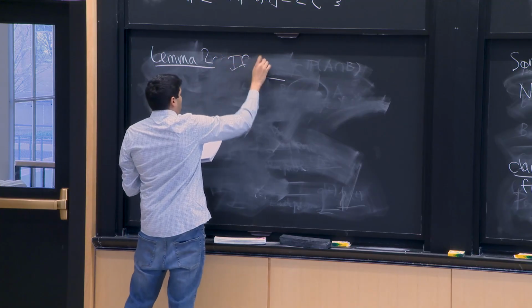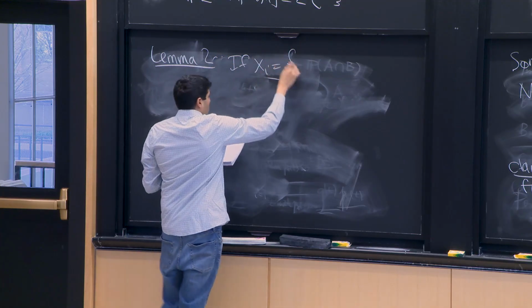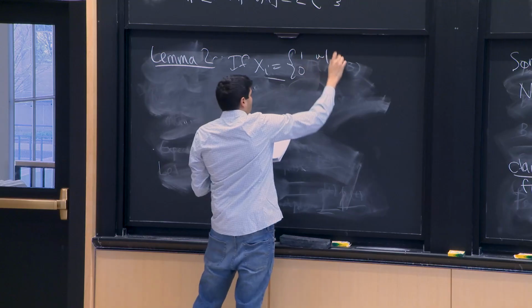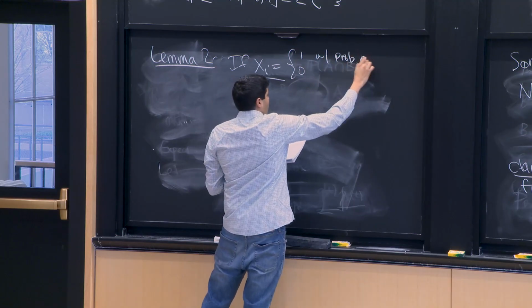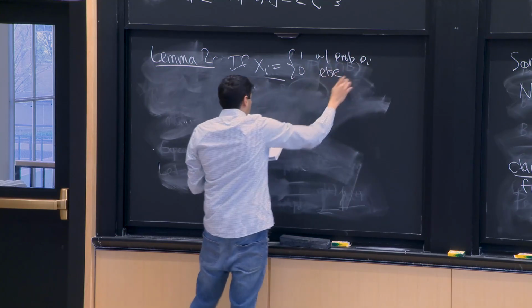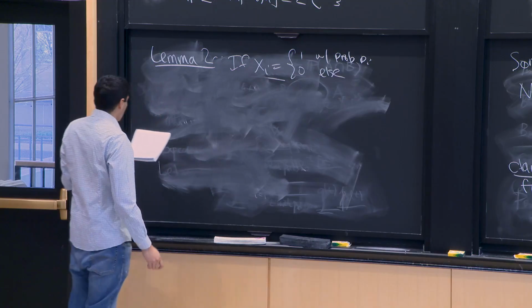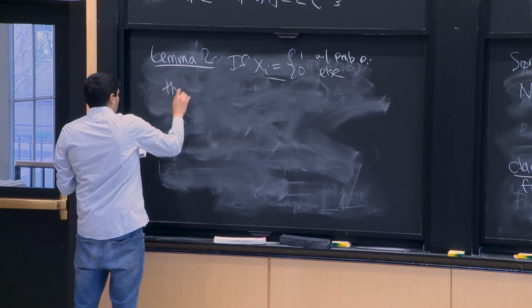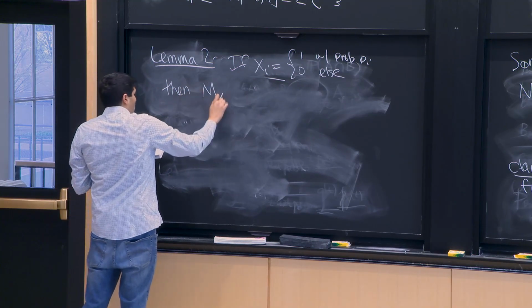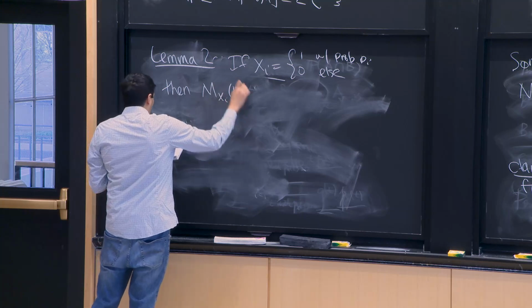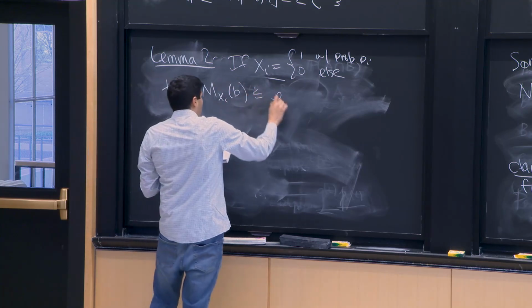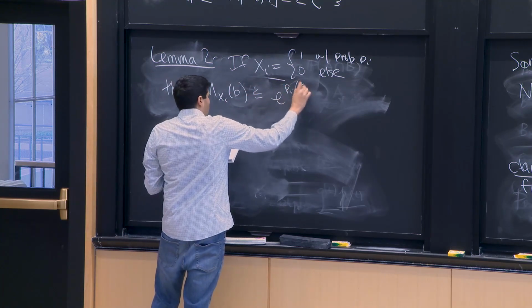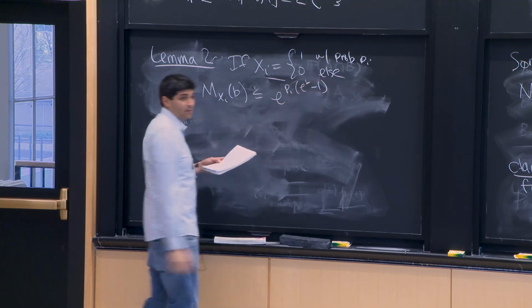If x sub i is 1 with probability pi and 0 otherwise, same as the assumptions of the Chernoff bound, then what I claim is that the moment generating function of xi evaluated at b is at most e to the pi times (e to the b minus 1).